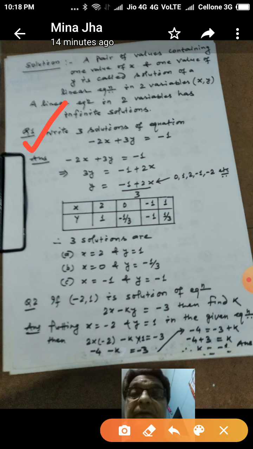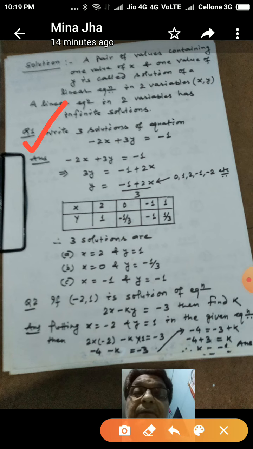So the first question is: write three solutions. You have already been told that there are infinite solutions, now the question says to write only three solutions for the given equation, which is minus 2x plus 3y equal to minus 1.